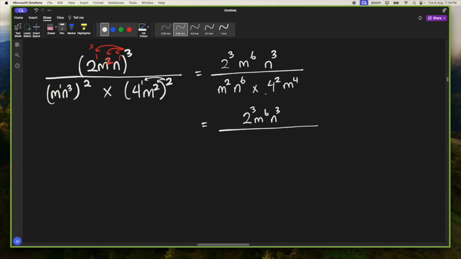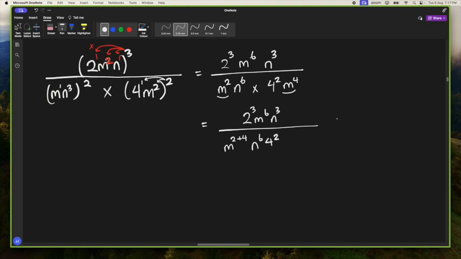Now, because this entire thing is a multiply, means I could add these m's here, right? So I could add, that is m to the power of 2 plus 4. And then I can't add the n with the 4, so it's going to be n to the 6, 4 squared, right?